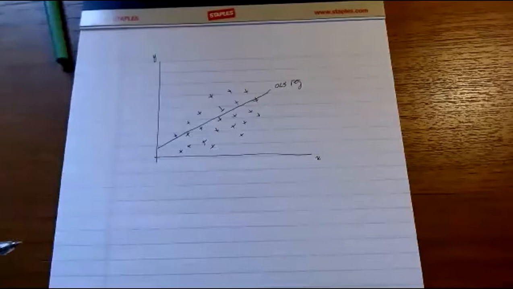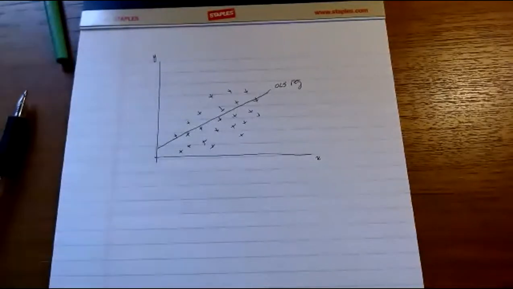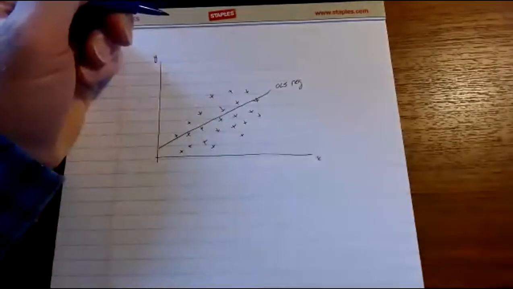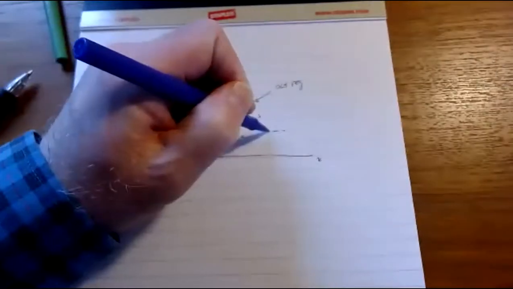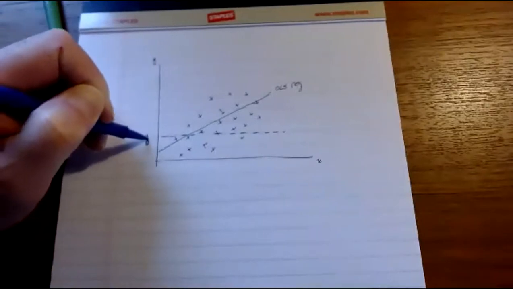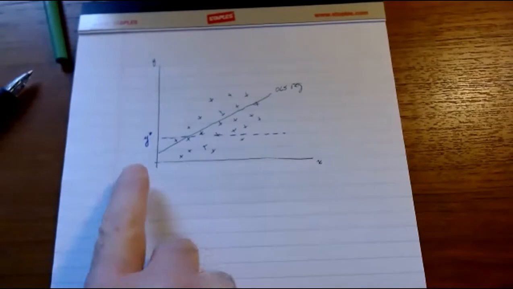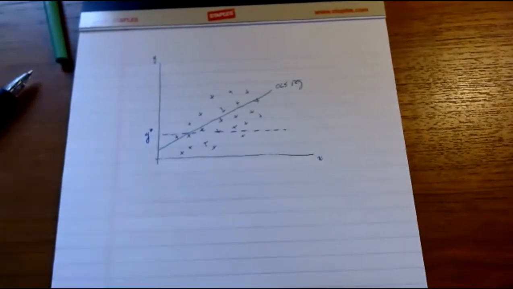Now suppose that at some level, call this Y star, we can't observe any values of Y below Y star.